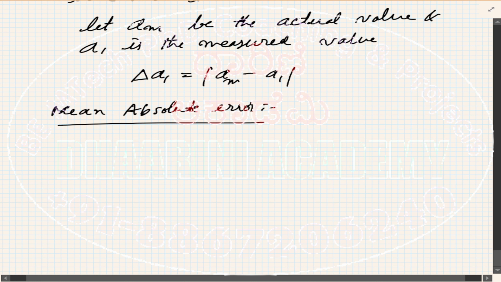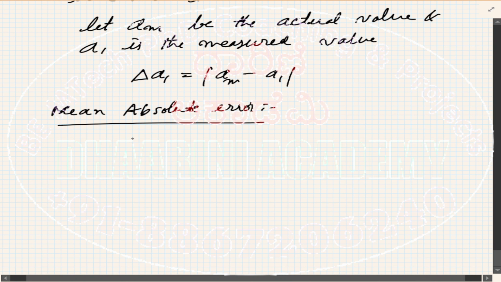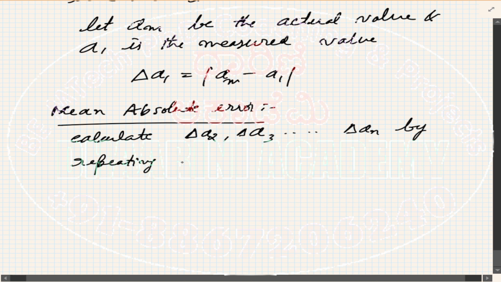We measure the same quantity again and again, and we keep calculating the absolute error of every measurement, such as delta A2, delta A3, etc., up to delta AN, by repeating the measurement n times.